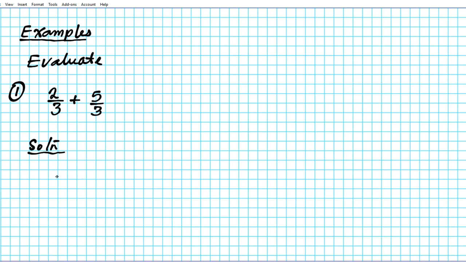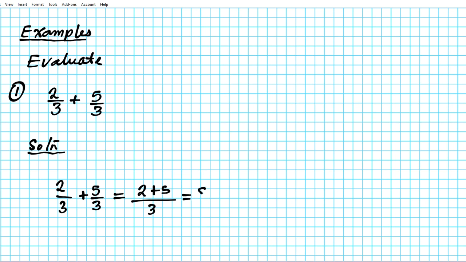The first fraction is a proper fraction because the numerator is smaller than the denominator, and the second fraction is an improper fraction. So these forms are good for us to add and subtract. All you simply do is add the numerators, 2 plus 5, divided by the denominator, and you keep the denominator, which is 3.